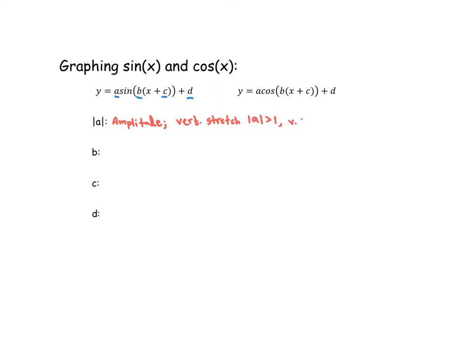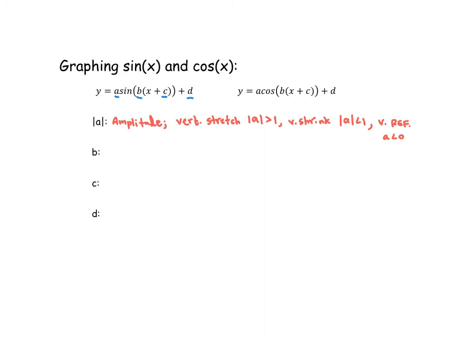It's a vertical shrink, I'm going to abbreviate here a little bit, if the absolute value of A is less than 1. And there's a reflection, vertical reflection, if A is less than 0. So that affects our vertical stretch, shrink, and possible reflection.